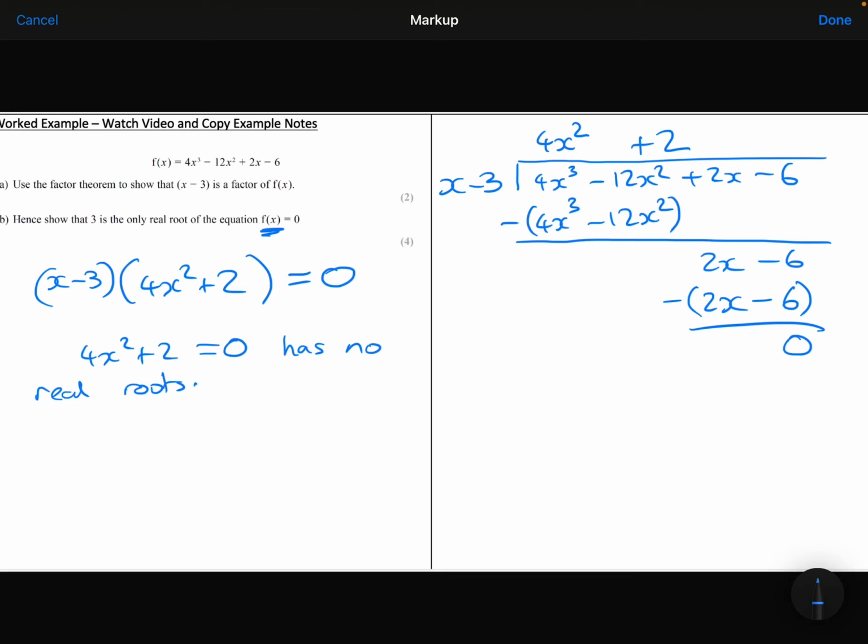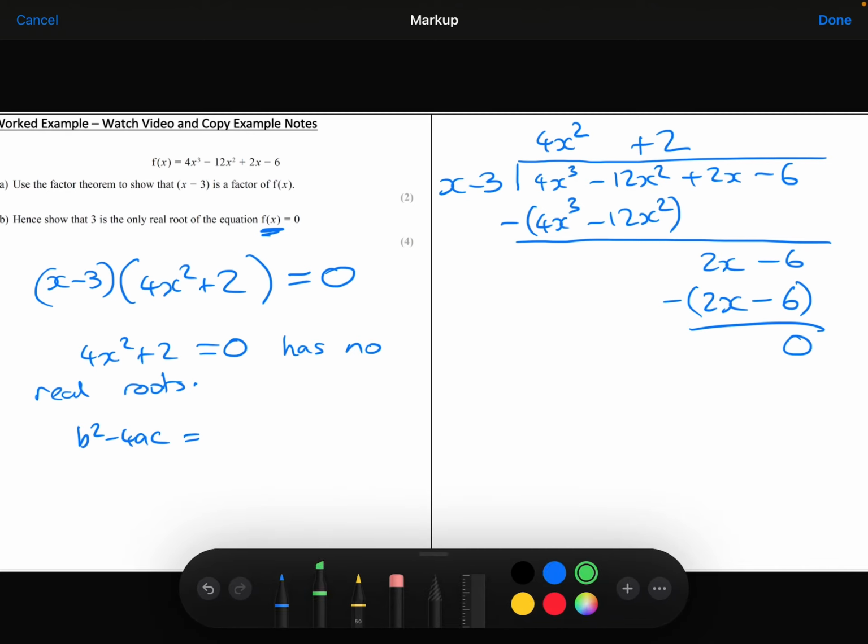Several ways you can do this. You could do it with the discriminant, for example. I can say that b squared minus 4ac, it's discriminant. The b in this case is 0. There is no x term in the middle here. It's a 0x.